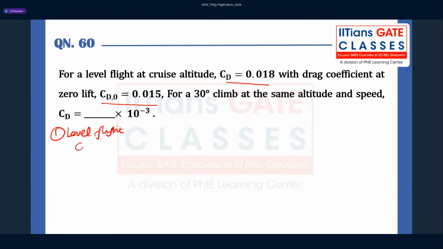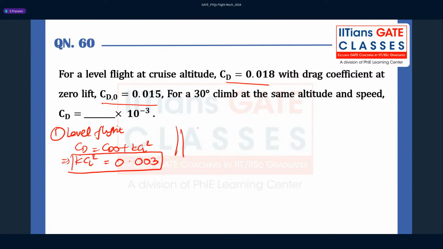So we know that CD equal to CD naught plus K CL square. CD is given, CD naught is given, so let's determine the K CL square. If you substitute that, you will simply get it as this minus this, so we'll get 0.003, right? Just a mere subtraction. Okay, this is for level flight.